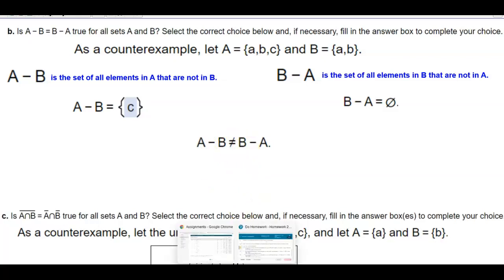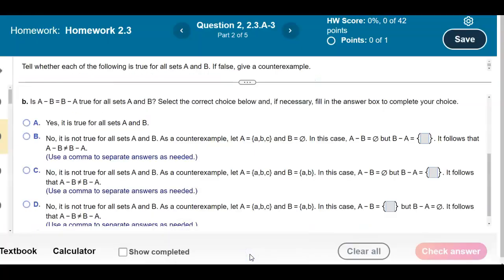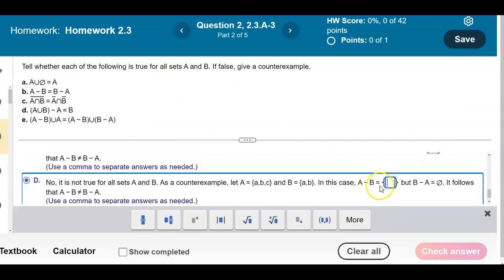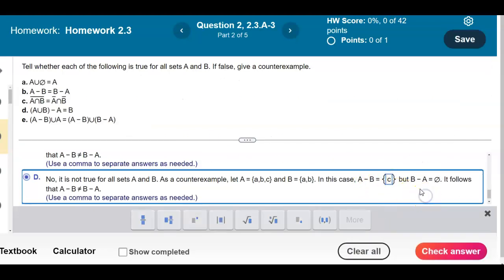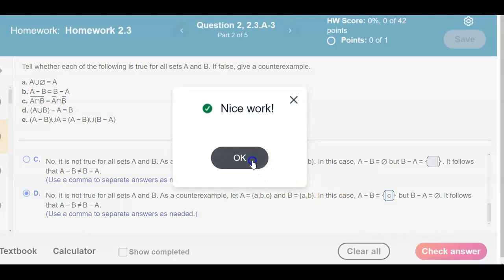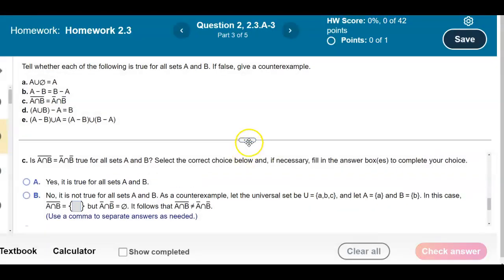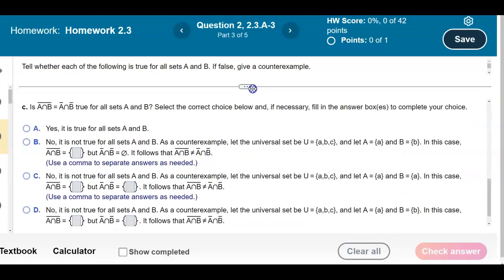Let's go back and answer here. So it's not true, because in the counterexample the set difference of A to B is {c}, and the set difference from B to A is the empty set, so that is our result.